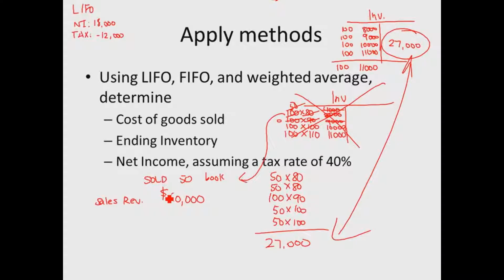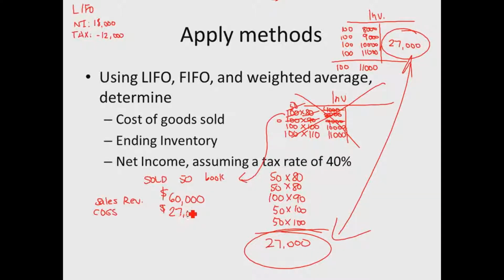So it doesn't matter how much it costs the bookstore, you paid 60 grand. The only difference is now I'm pretending that I sold the first ones in rather than the last ones in. But as I told you, I don't know which ones I actually sold. I just have a bunch of 100 books still sitting on my shelf, and I don't know which ones they are.